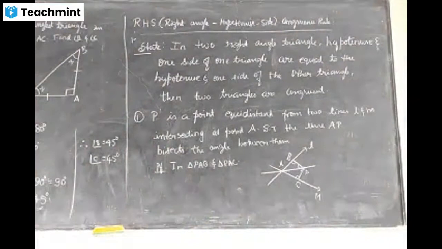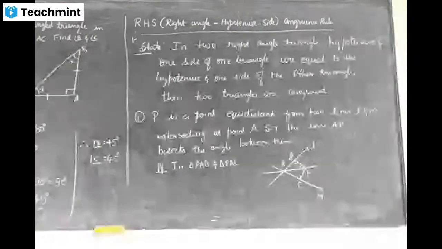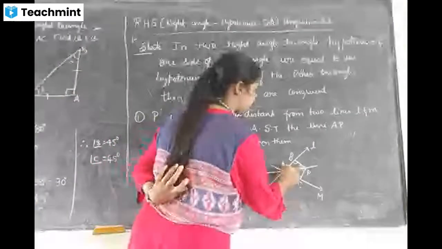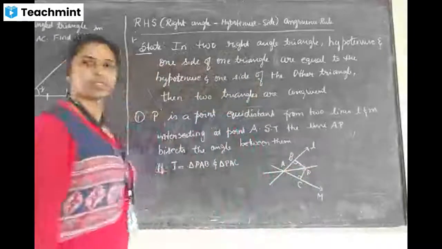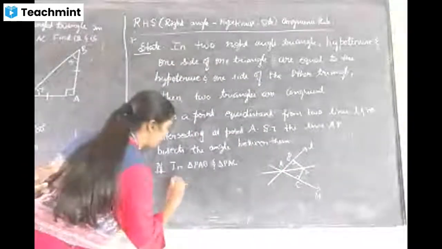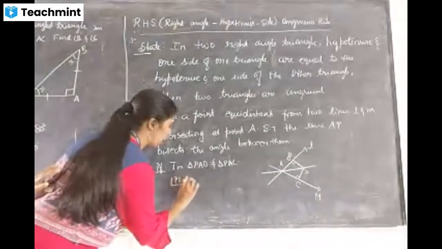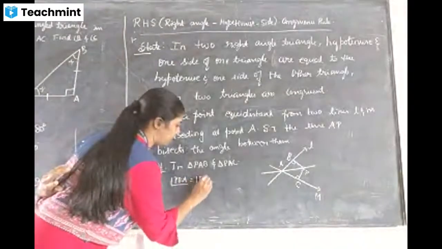RHS to RHS we are going, so we need a 90. It's there. Which angle is 90 now? Angle PBA is equal to angle PCA.